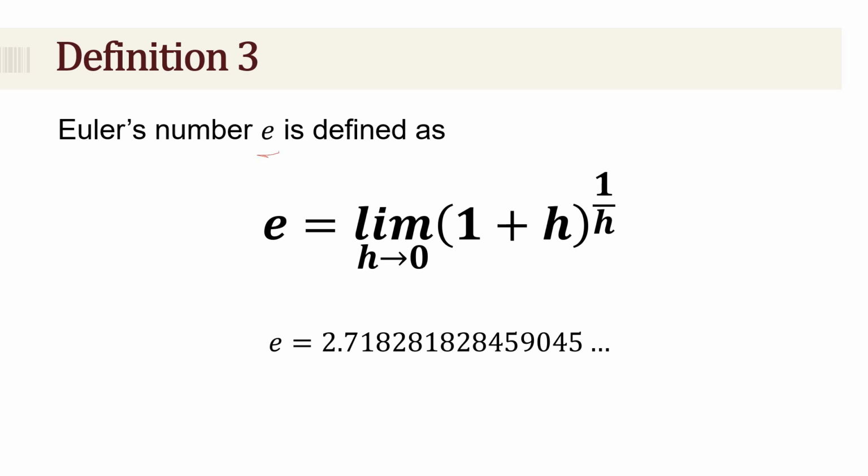So e is defined as the limit of 1 plus h raised to 1 over h as h approaches 0, and we know that the value of that is 2.718281828459045, and it goes on without end, because e is an irrational number.